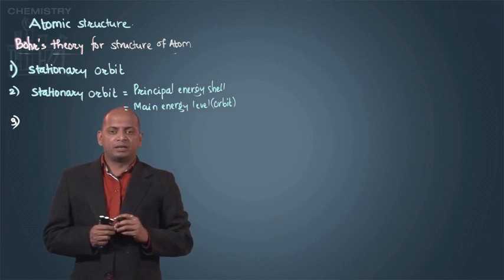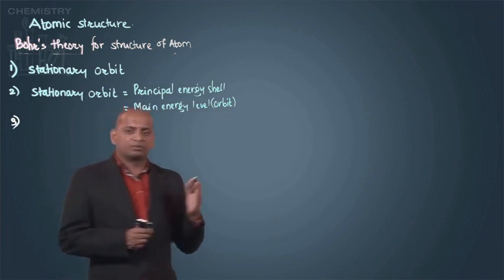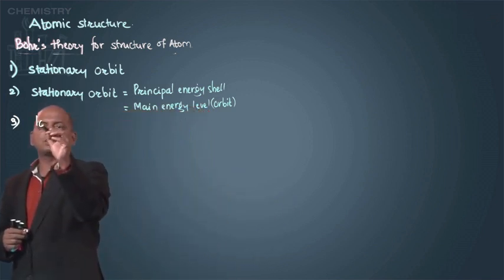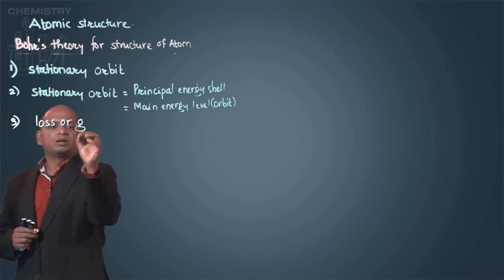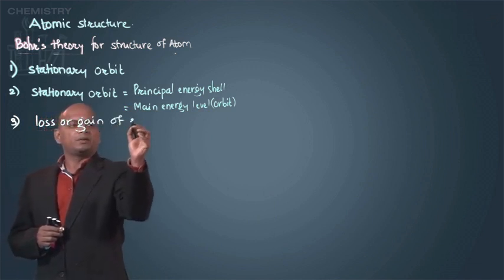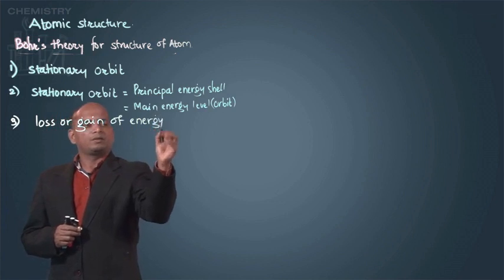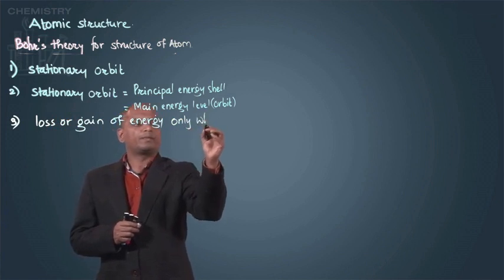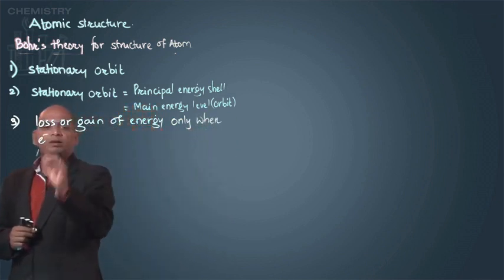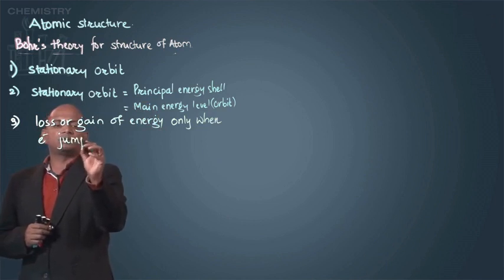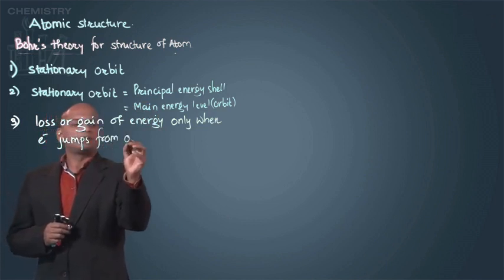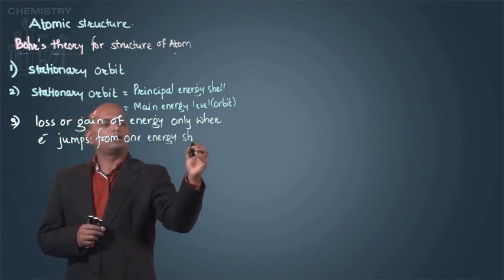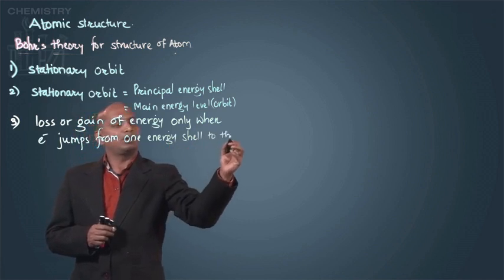Electron loses or gains energy only when it jumps from one energy level, that is shell, to another shell.